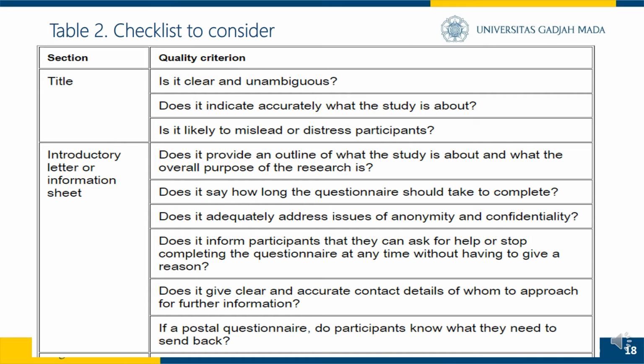Does it inform participants that they can ask for help or stop completing the questionnaire at any time without giving a reason? Does it give clear and accurate contact details of whom to approach for further information? If it is a postal questionnaire sent by mail, do participants know what they need to send back, the address and other things?